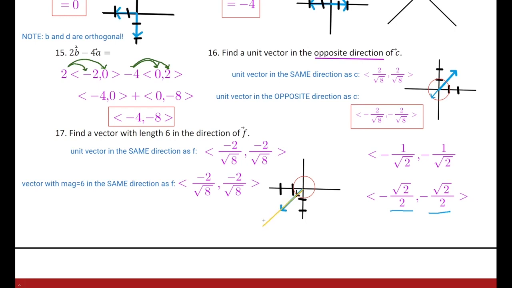It'll be a little bit out here. This is just an estimate, but you can see it should be bigger or have a larger magnitude than the other two vectors. So we just multiply each one of these by 6.